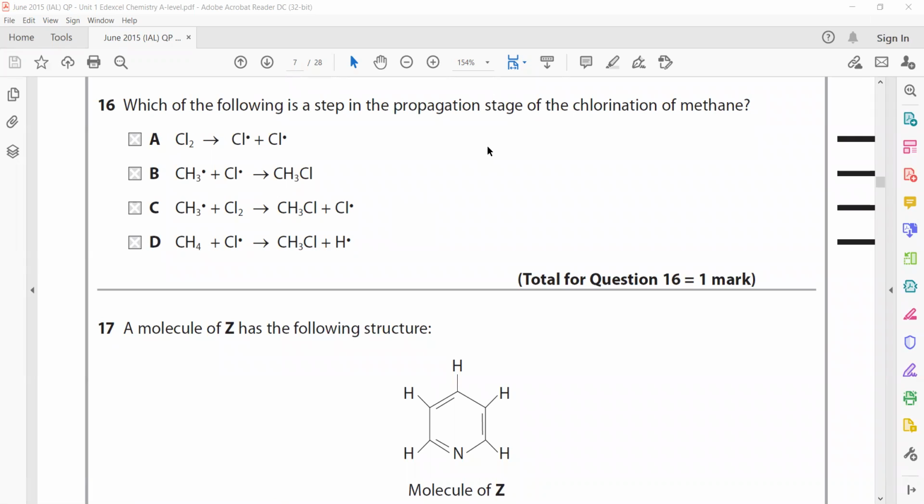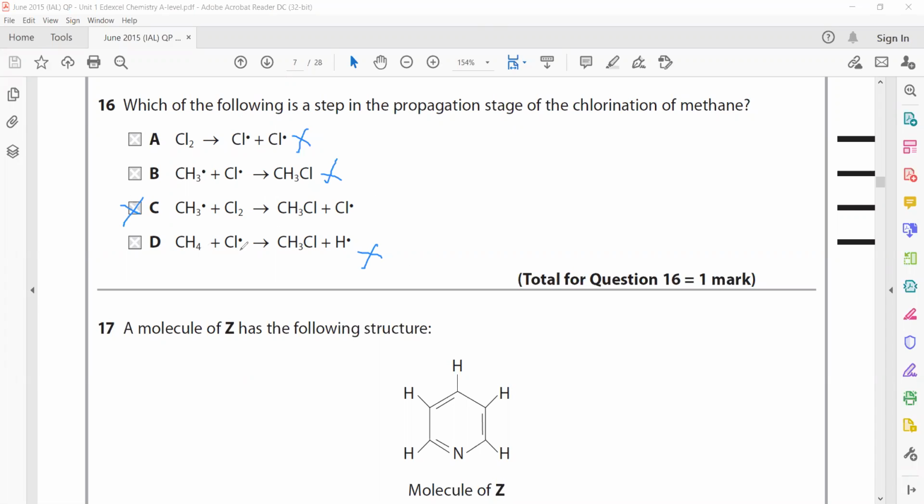Which of the following is a step in the propagation stage of chlorination? In a propagation stage, one should be a molecule and another a free radical. This one is initiation, this one is termination. These two stages involve a free radical and a molecule, but they do not produce a hydrogen free radical. C is the right answer. When the methyl radical reacts with chlorine, it forms methyl chloride and a chlorine free radical, which again attacks another methane molecule.